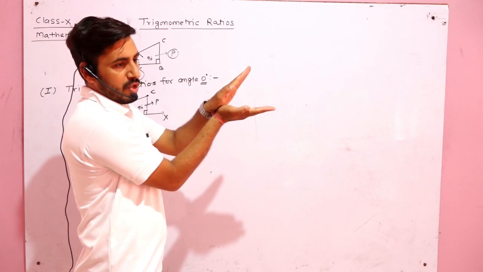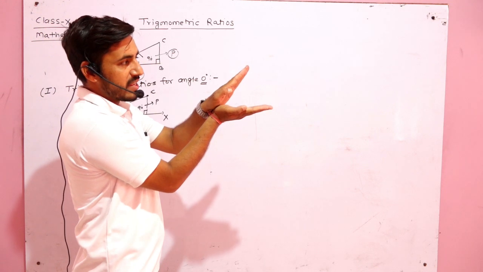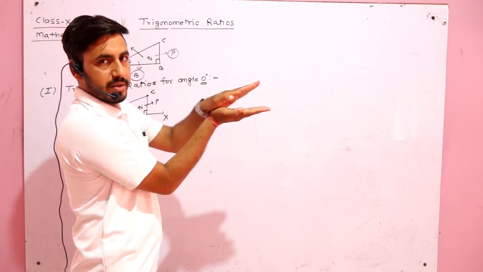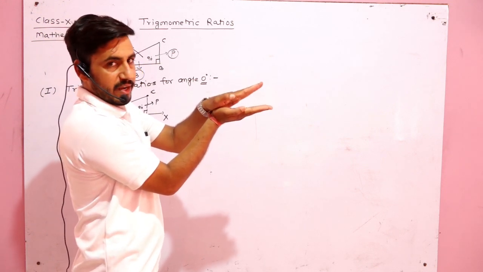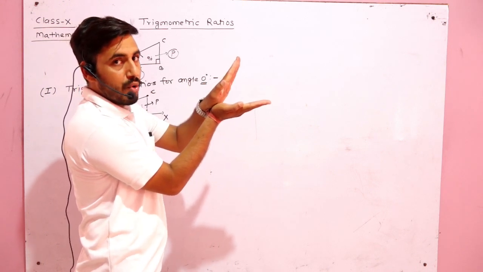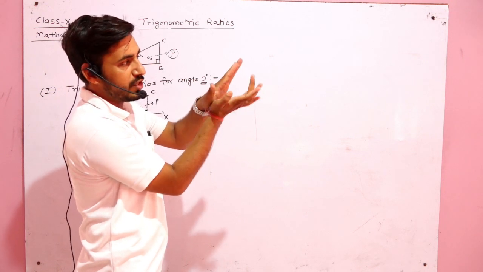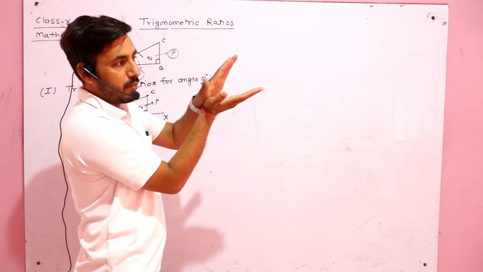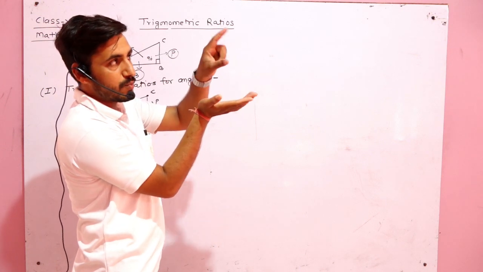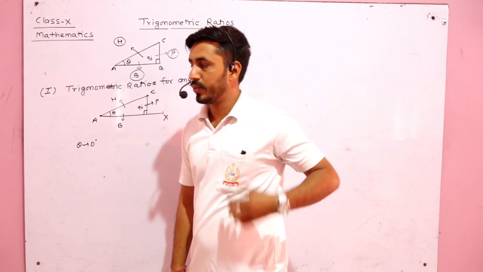If I have to make the angle 0 degree, then I have to move from this side. If I am moving from this side, then this hypotenuse will move towards the base, and in the final situation this point will move towards this point. It means this distance is moving towards 0.